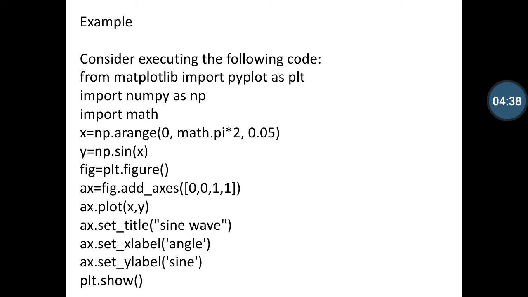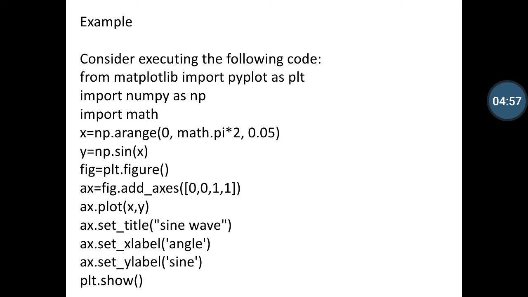First of all, I call from matplotlib import pyplot as plt, and then import numpy as np for numerical calculations, and then import math for pi. I am using pi, so I call import math.